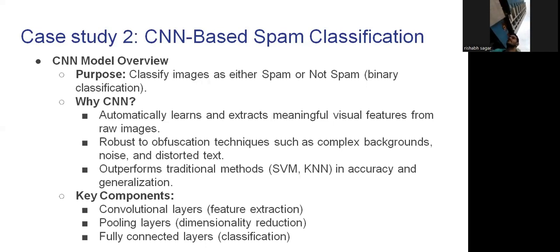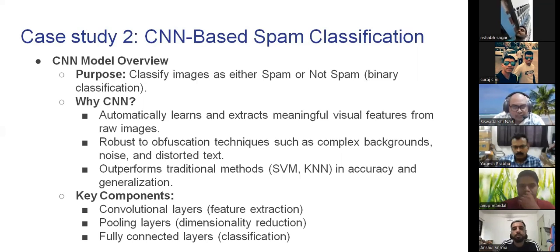This makes them highly effective even against challenges like noisy background or distorted text. The model consists of convolution layers for feature extraction, pooling layers for dimensionality reduction, and fully connected layers for final classification. Overall, CNNs offer better accuracy and generalization for image-based spam detection.